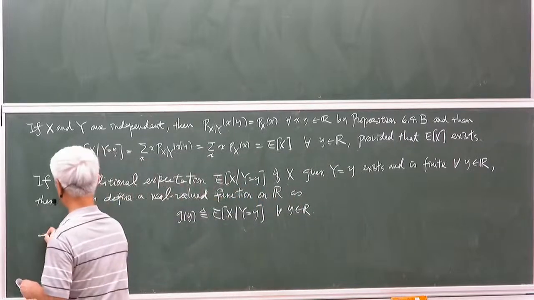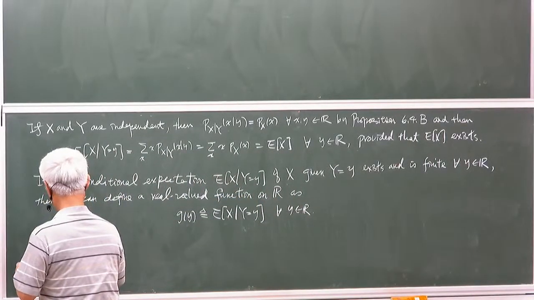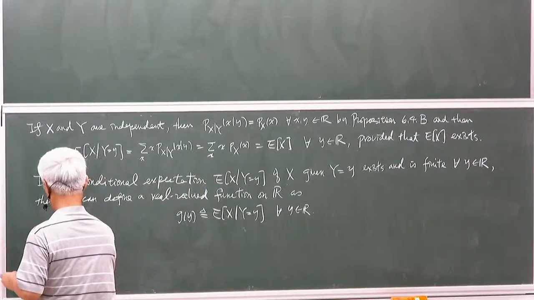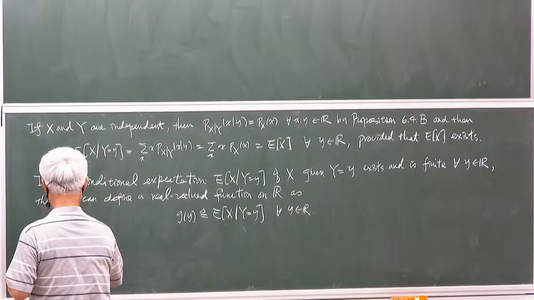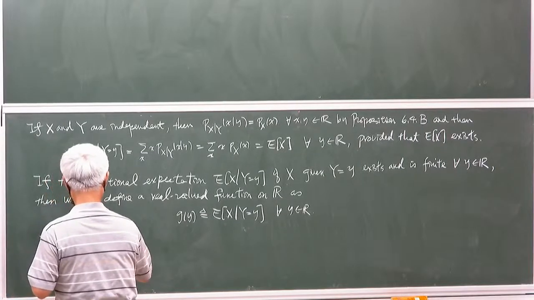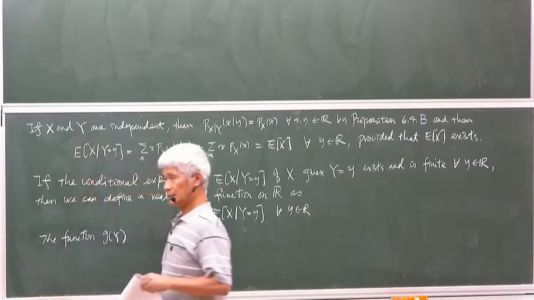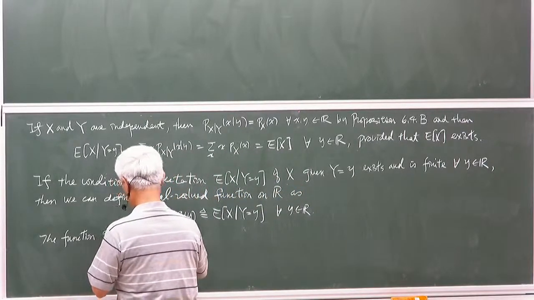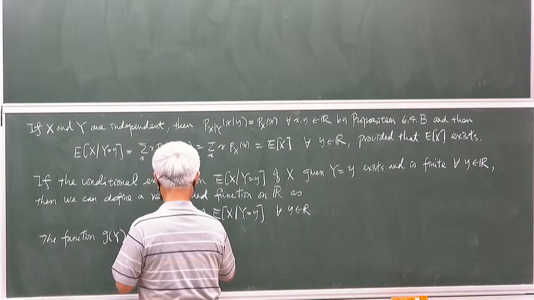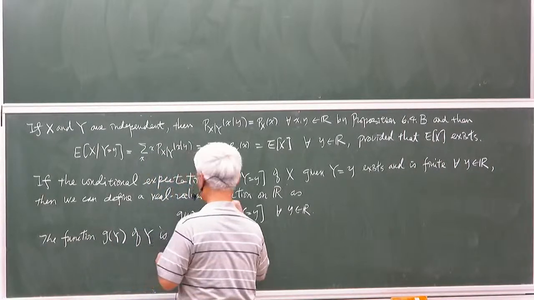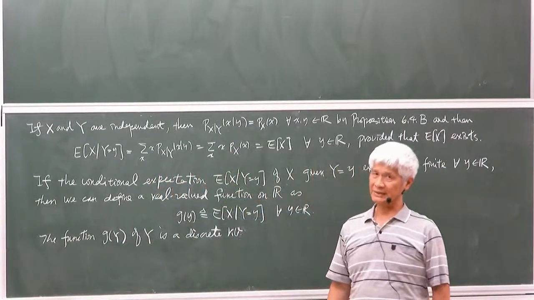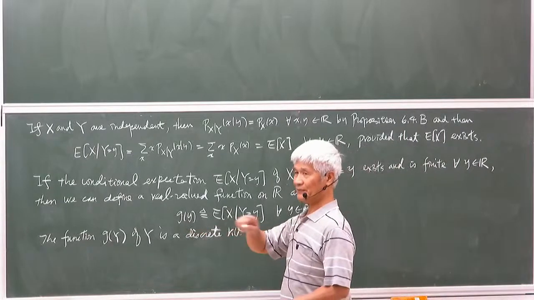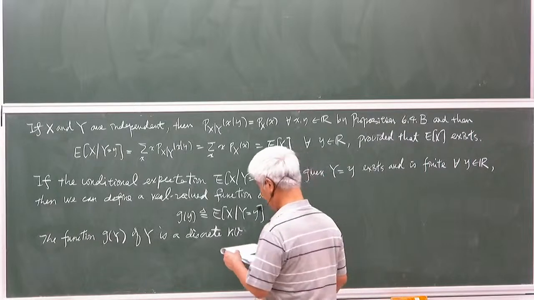The function g of y is a discrete random variable, by a proposition in chapter 4. I forgot that, but you can find it.